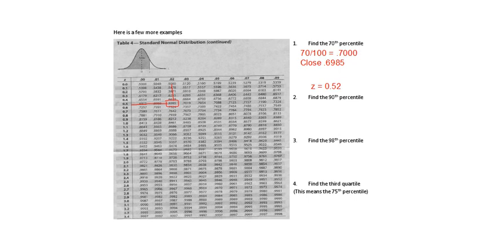All right, good. Next up is the 90th percentile. Let's take a look. So we're going to do 90 divided by 100, which is 0.9000. You're not going to find 9000, but the closest that you will find is 0.8997.